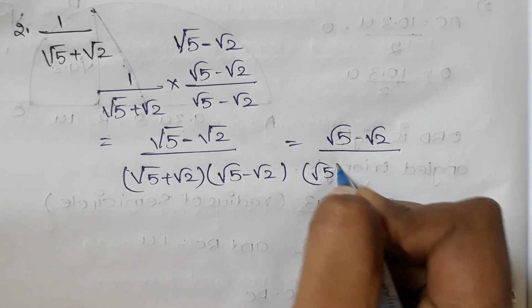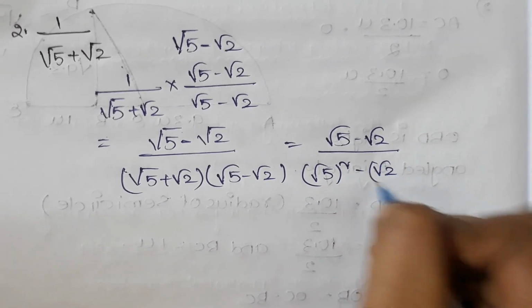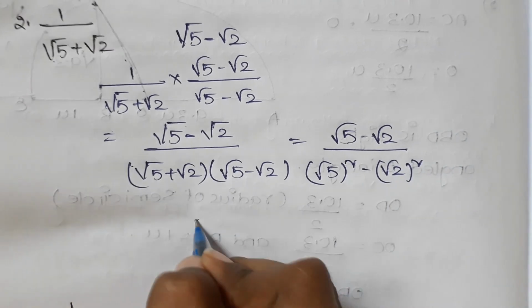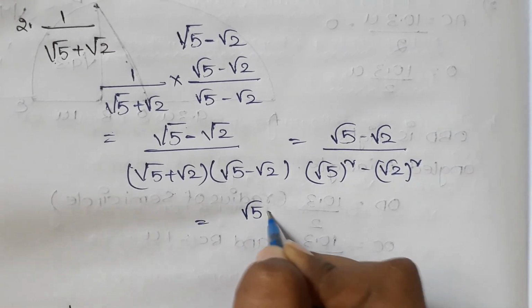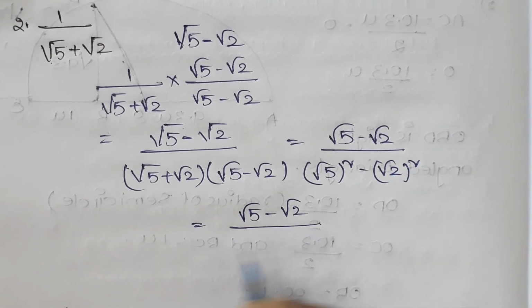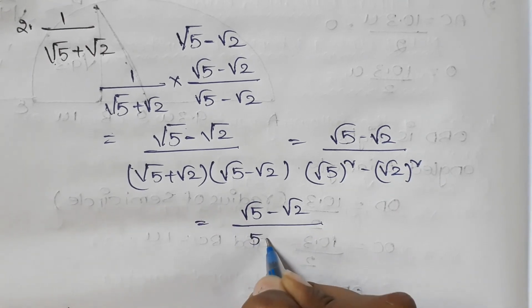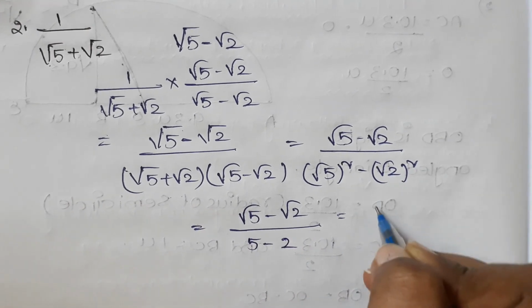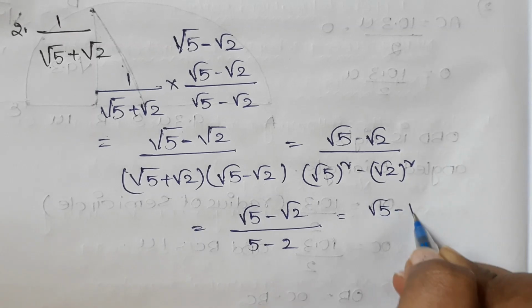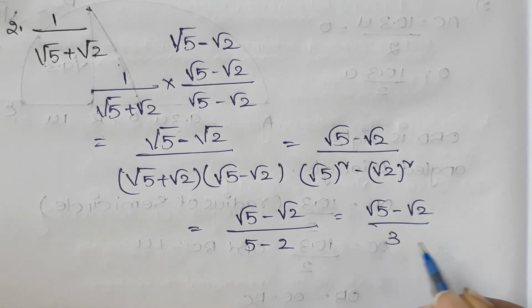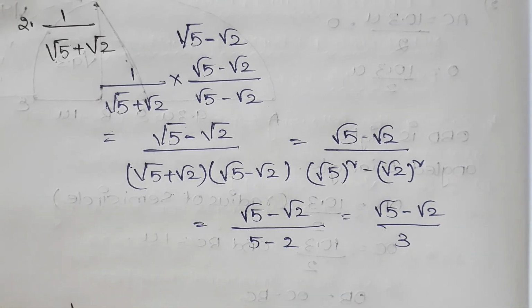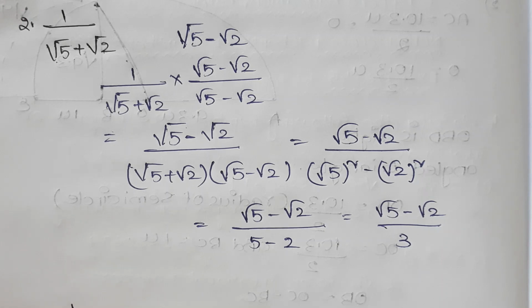That is root 5 whole square minus root 2 whole square, so we will get root 5 minus root 2 by 5 minus 2, that is root 5 minus root 2 by 3. This is the rationalization of the given number, 1 by root 5 plus root 2.